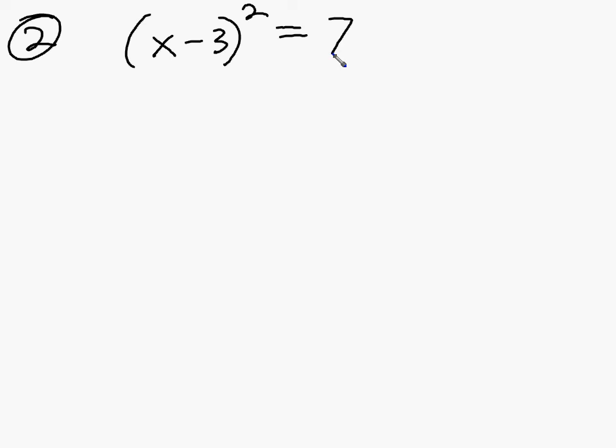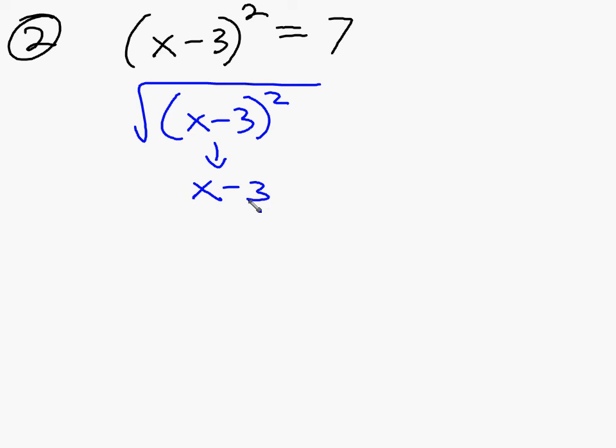So if I take the square root of something squared, doesn't the square go away? And I'm just left with x minus 3, right? Now be careful though. What I do to one side, I have to do to the other. So I now have x minus 3 equals, now watch, plus or minus the square root of 7.